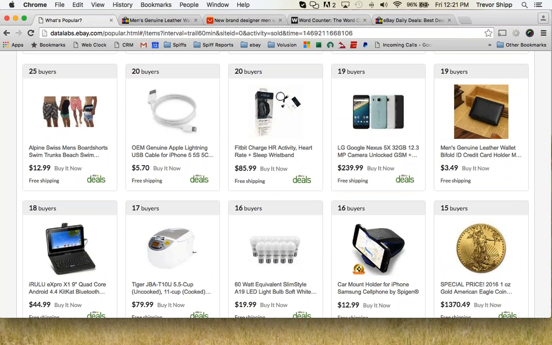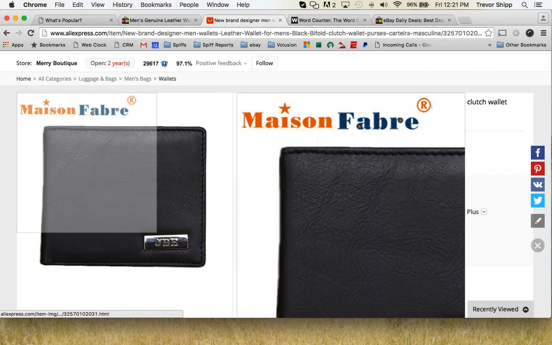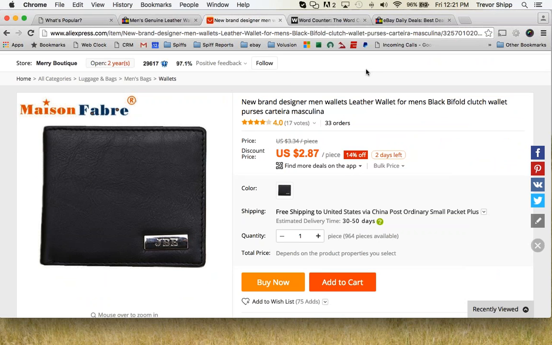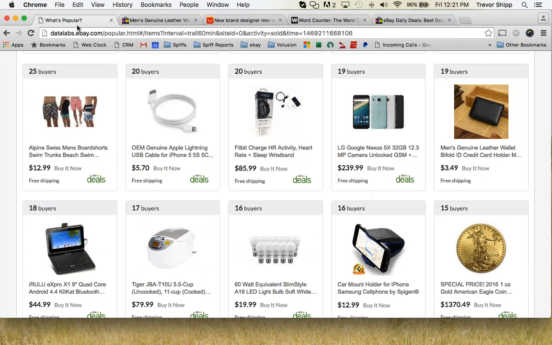If I could bring those over at a cost from a supplier like AliExpress, for example, $2.87 a piece. They have some bulk pricing. They offer 2% off 3 pieces or more. So I could buy 5, 6 of these. And I know I could at least break even on them because look, people are buying them from Chinese sellers for $3.49.